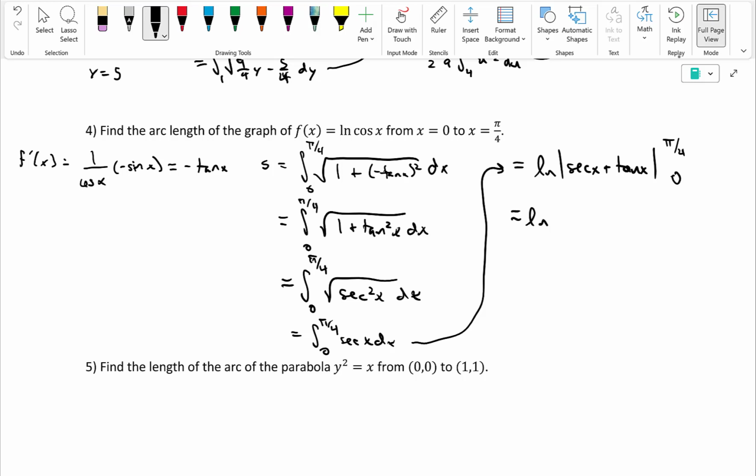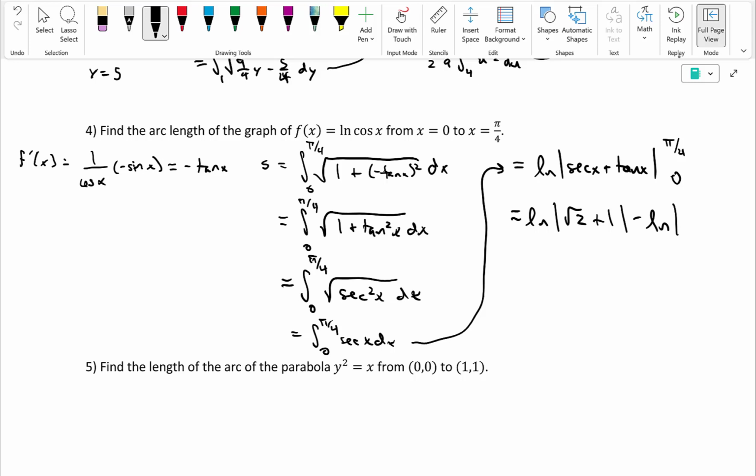So we get natural log of secant pi over 4. Cosine of pi over 4 would be root 2 over 2, so secant of pi over 4 is just root 2. Tangent of pi over 4 is 1, so we get natural log of root 2 plus 1, minus natural log of, if we sub in 0, cosine of 0 is 1. Secant's going to be 1 there as well, right?